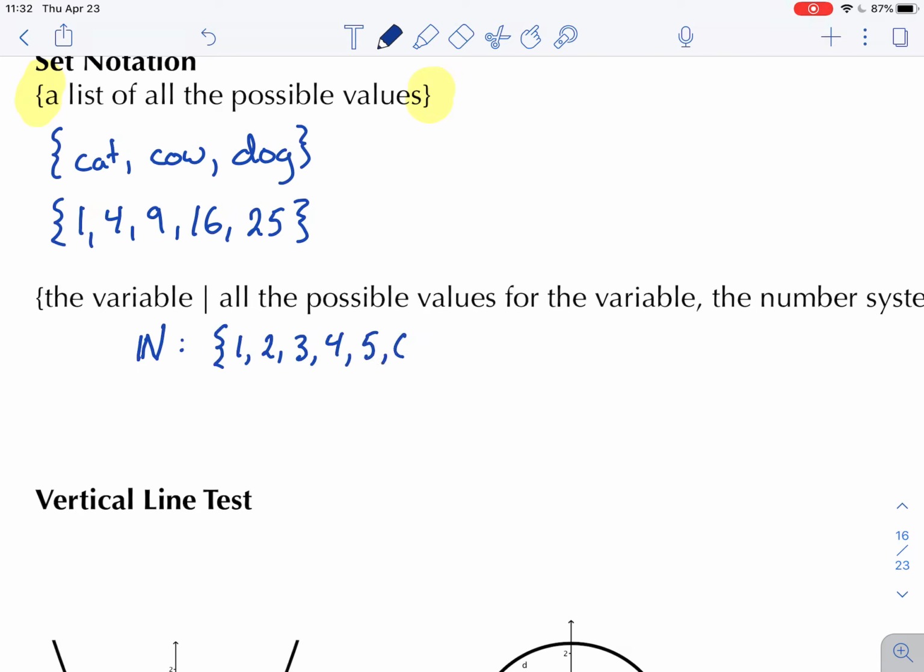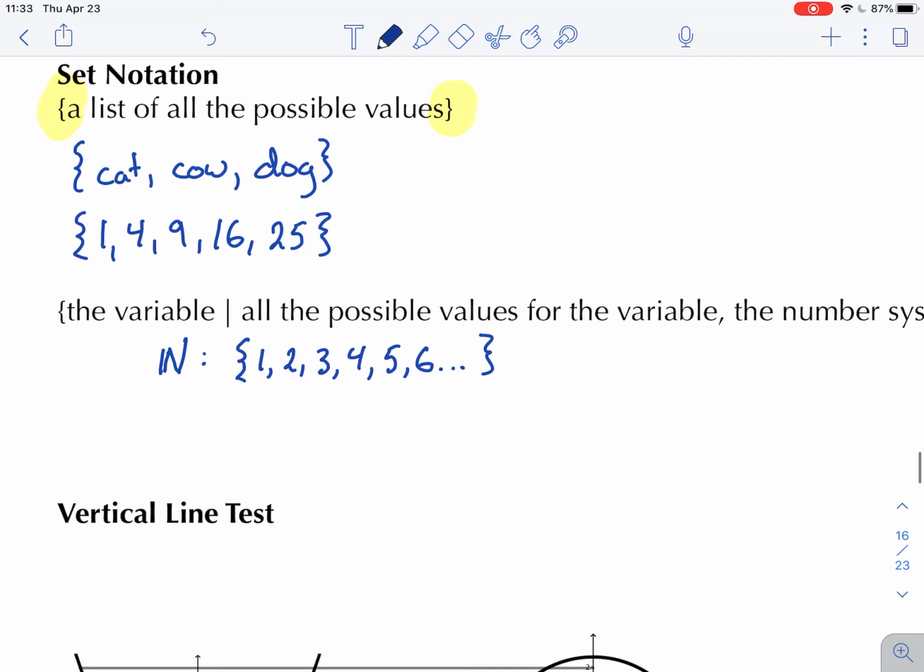So the set of all natural numbers, these are all the numbers from 1, 2, 3, 4, 5, 6, and so on. Now, what if I wanted to write the set of all even natural numbers? Well, there's a way to do this. This is the even numbers.